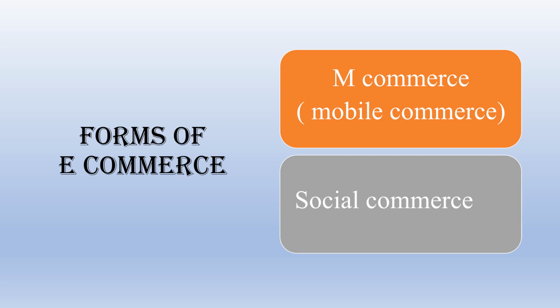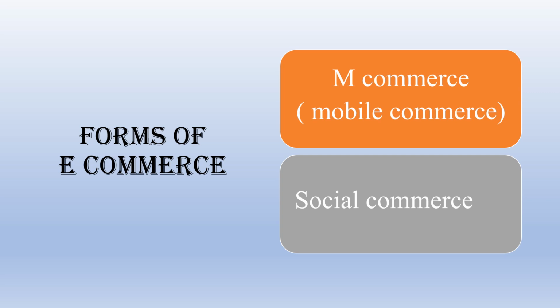So in social commerce, we use our social websites like Facebook, Instagram or Twitter to sell products and services. The success of a social commerce company is measured by the degree to which consumers interact with the company's marketing through retweets, likes and shares.